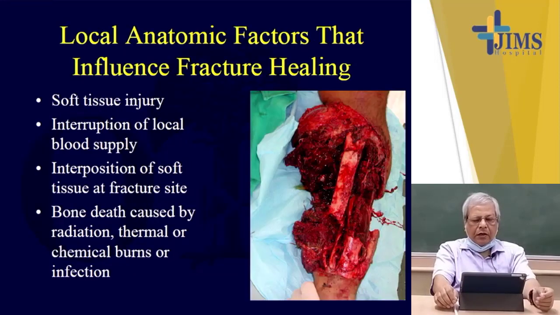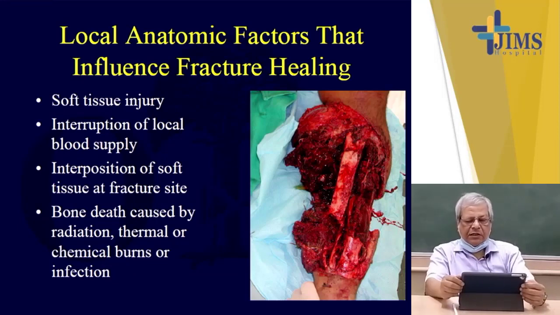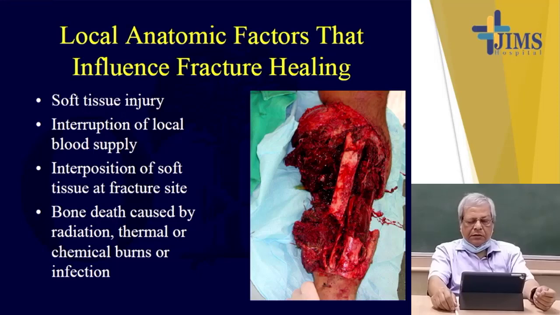What are the local anatomic factors that influence fracture healing? One is soft tissue injury. If there is a massive soft tissue injury like this, the blood supply is completely disrupted. So where from do these mesenchymal cells come and take part in bone healing? Interruption of local blood supply.